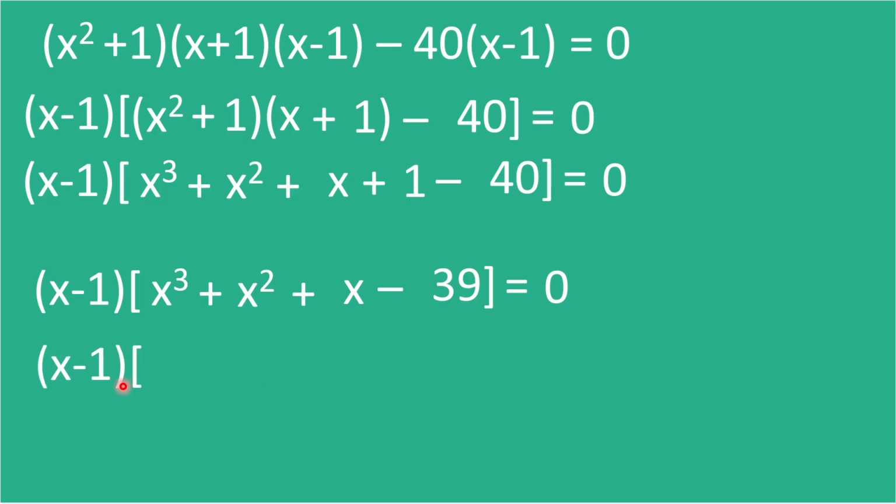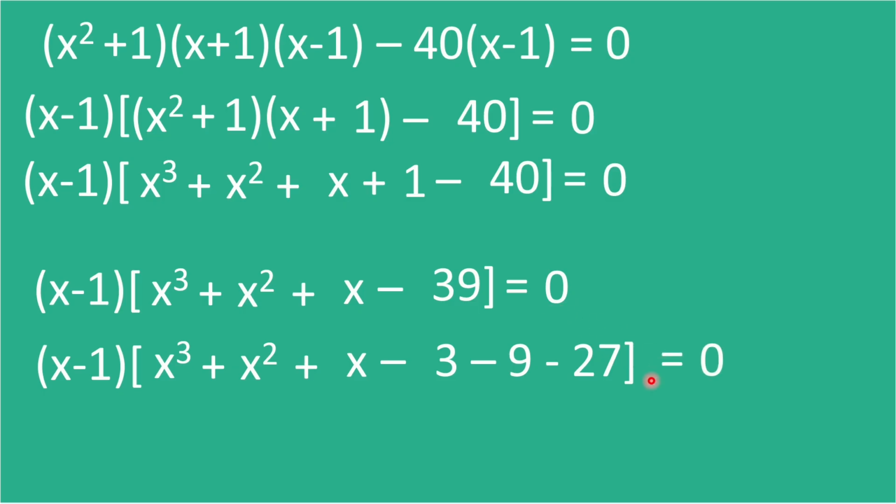Now in the next step, (x − 1)(x³ + x² + x − 39). This 39 can be split into −3 − 9 − 27, because −3 − 9 − 27 is equal to −39. So we can split this −39 as −3 − 9 and −27, and the equation equals 0.